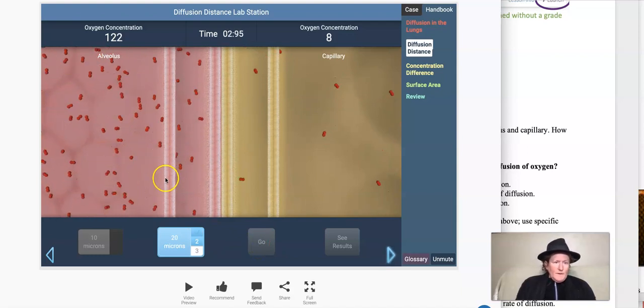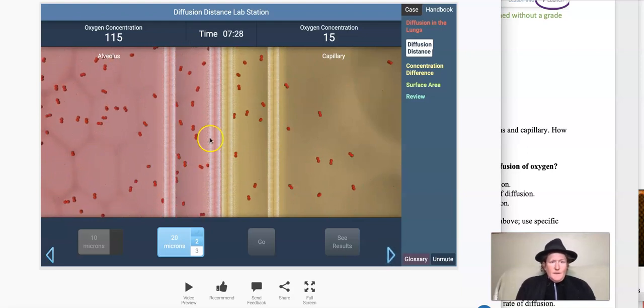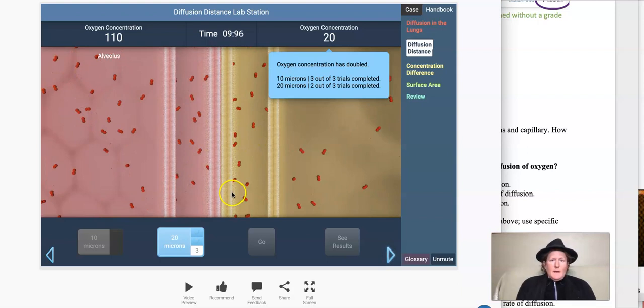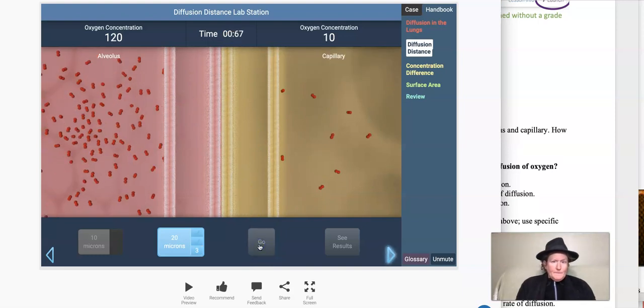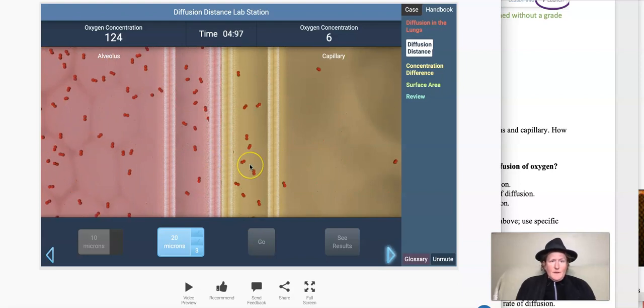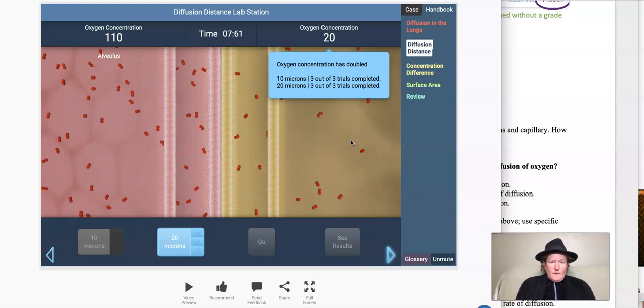So when we have this at 20 microns instead of 10, you can see that the membranes are larger here, and it takes the oxygen longer. It's taking 996 instead of 514. So again, a bigger distance is going to mean it takes longer for the oxygen to get over here.